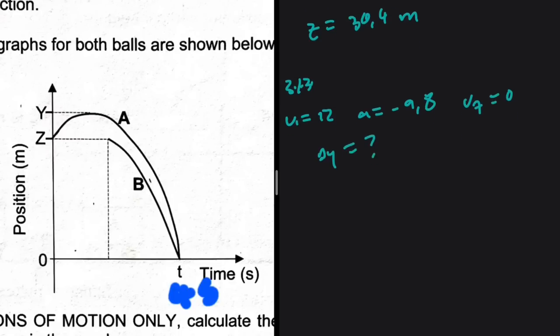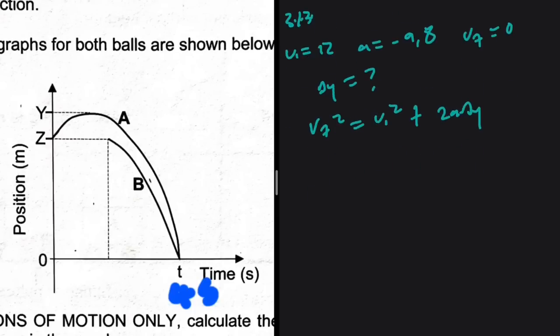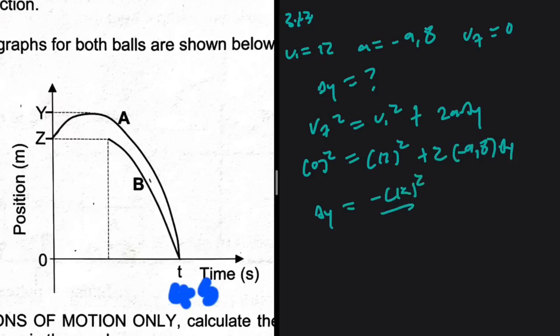So vf squared is equal to vi squared plus 2a delta y. So 0 squared is equal to 12 squared plus 2 times minus 9.8 delta y.